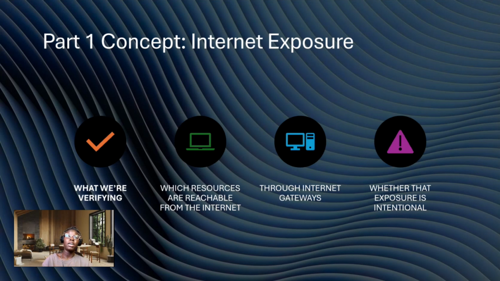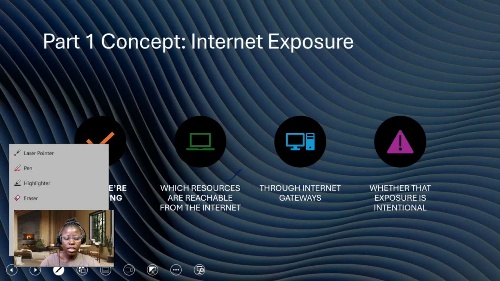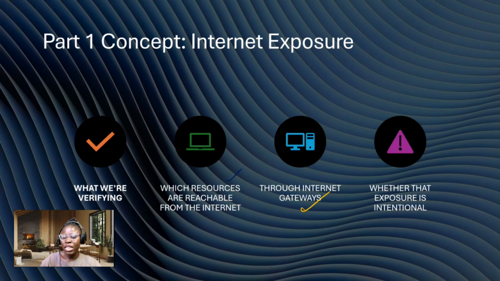And we're going to use the network access analyzer to try and answer this, because even in mature environments, we are often surprised by the answer. So we're trying to verify which resources are accessible from the internet through the internet gateways and whether that exposure is intended or not intended.